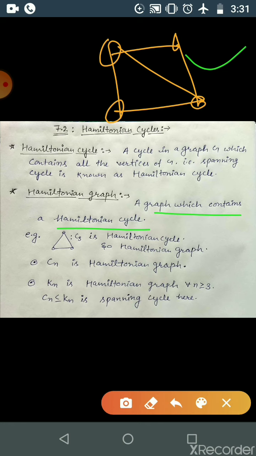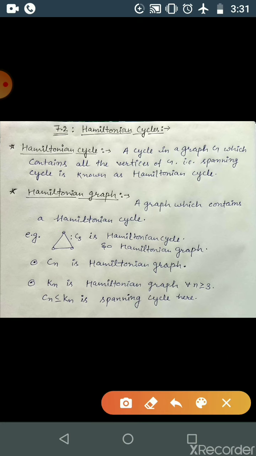This is similar to the Eulerian graph we have discussed. In an Eulerian graph there was a circuit which contains all the edges of the graph, and here we have a cycle which contains all the vertices of the graph. There it corresponded to edges, and here it corresponds to vertices.